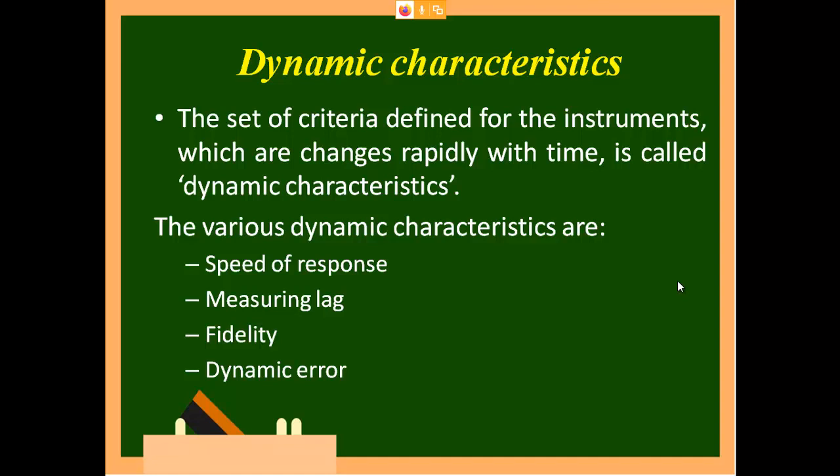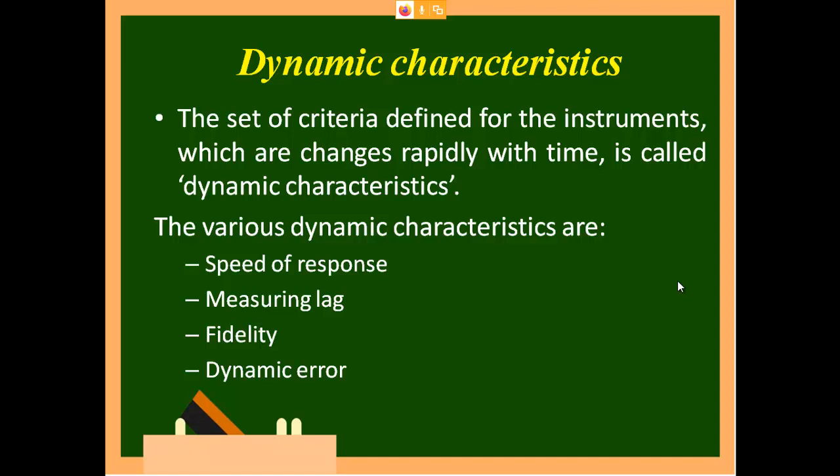Always there will be a difference between static characteristics and dynamic characteristics. If you are asked to sit and do a particular work, you will do it at some particular efficiency. If you are asked to do the same work while walking, obviously your performance will change. That is what we say here, static and dynamic characteristics.